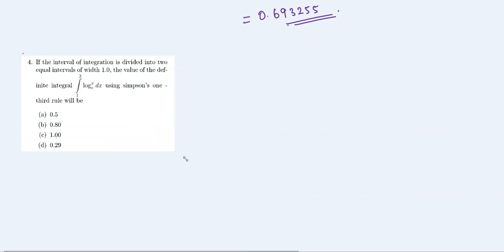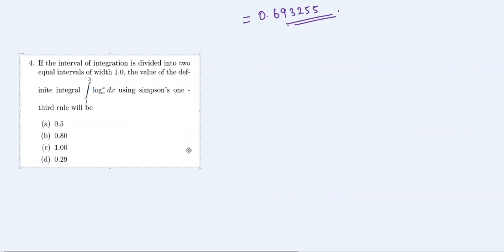If the interval of integration is divided into two equal intervals of width 1, the value of the definite integral using Simpson's 1/3 rule is this. So this is x naught, x1, x2. This is 1, 2, 3.